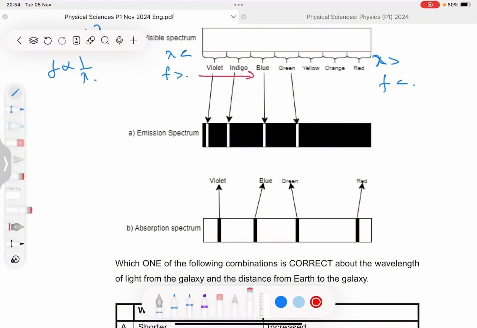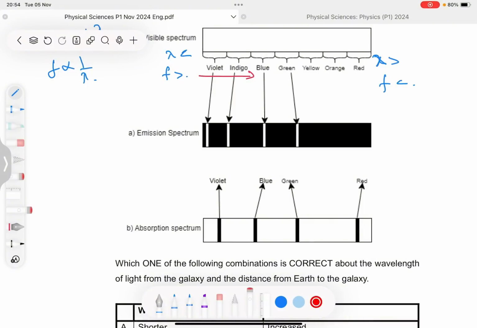But when it detects a certain type of light, it absorbs that light and shows it as dark lines, dark bands, right? So now from the same galaxy, we detect violet, blue, green, and red. Because it's an absorption spectrum, they appear as dark lines now instead of the visible colors as we had in the emission spectrum.